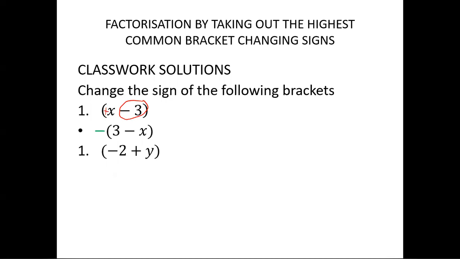And this one here will do the same thing. If I take out negative as a common factor, this will tend to positive, and that will tend to negative. Take out negative as a common factor, this will tend to negative, and that will tend to positive.